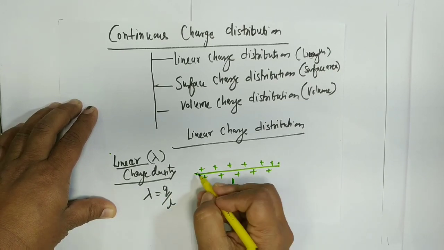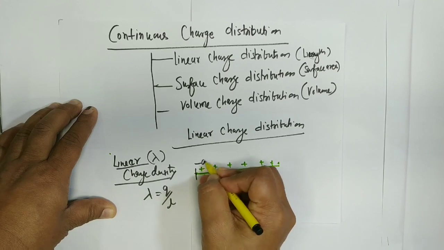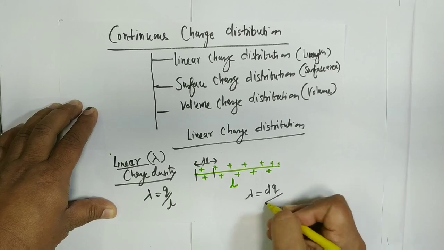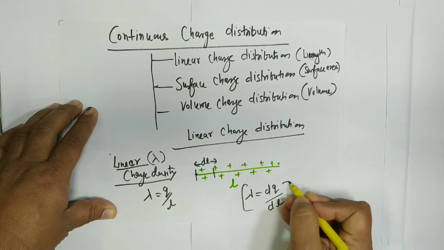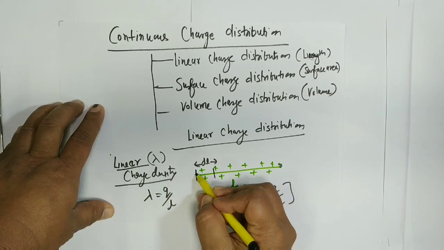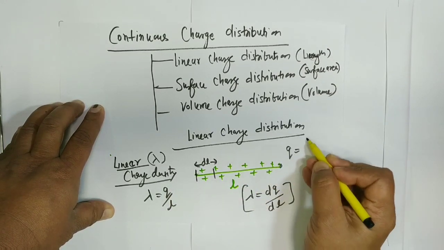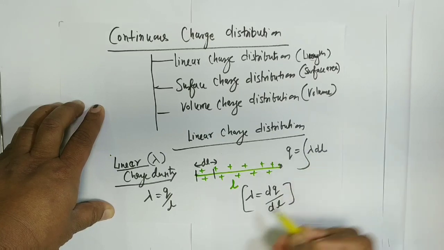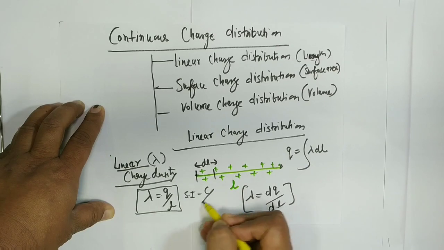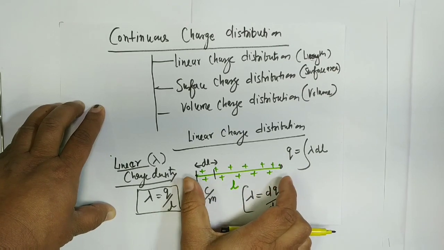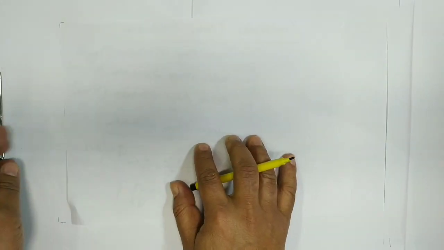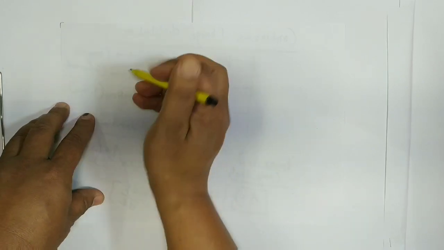And for a small length, it can be written as lambda equal to dq by dl. So this is linear charge density. If you want to find out the whole charge, you can write q equal to integral of lambda dl. So lambda is q by l. SI unit is coulomb per meter. So charge is distributed with respect to length. Got it?